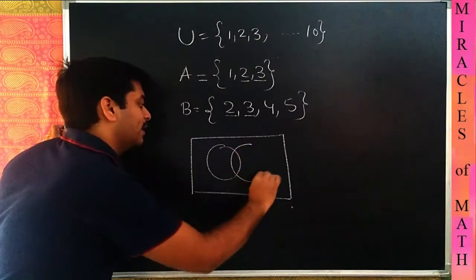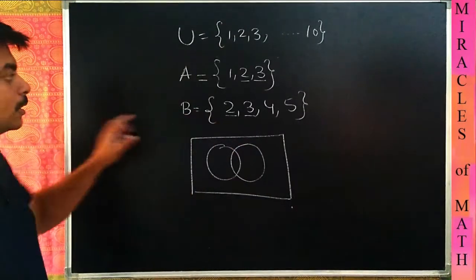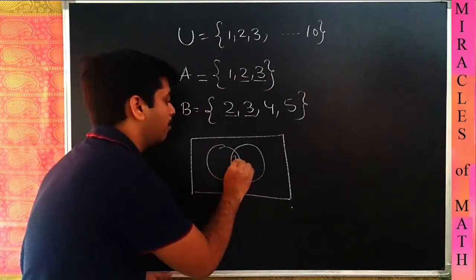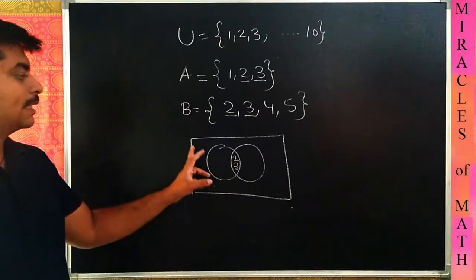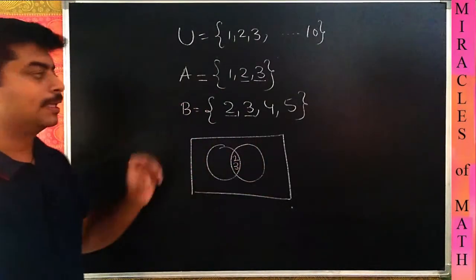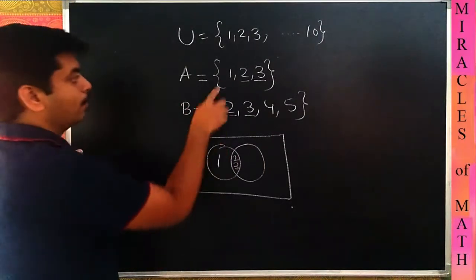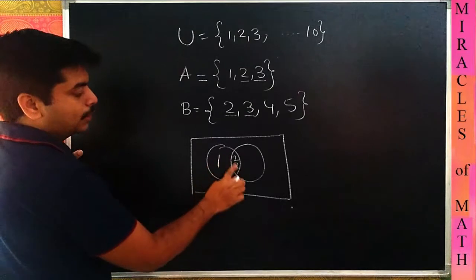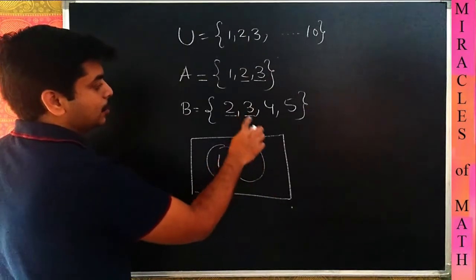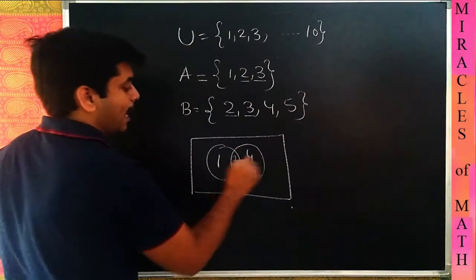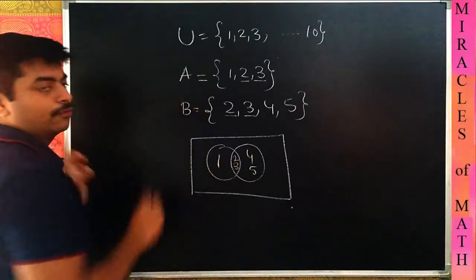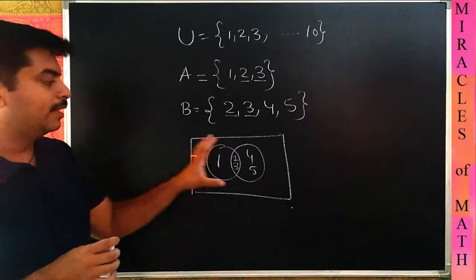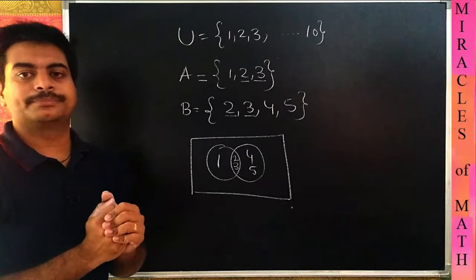So we write in this way, because the numbers 2 and 3 are common to both sets, set A as well as set B. I am left with one more element, 1, here. So this complete circle has the elements 1, 2, 3, and this set should have 2, 3, 4, 5. As you already have 2, 3 here, you should include 4, 5. This is the way we represent a Venn diagram.